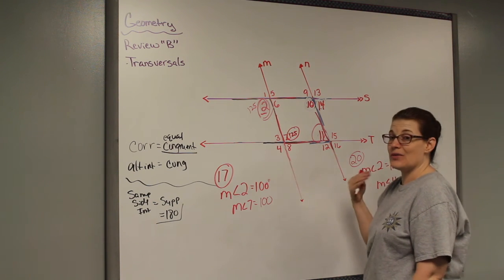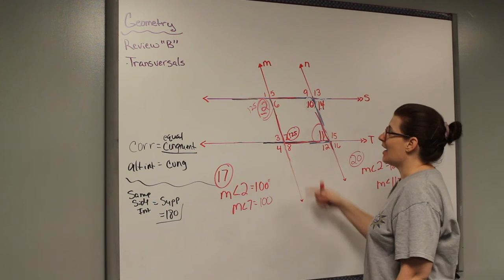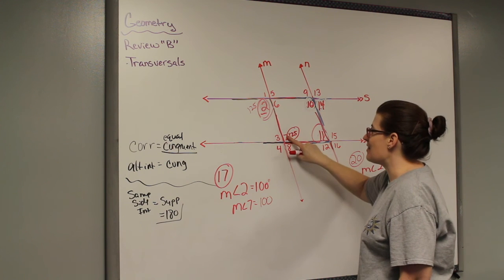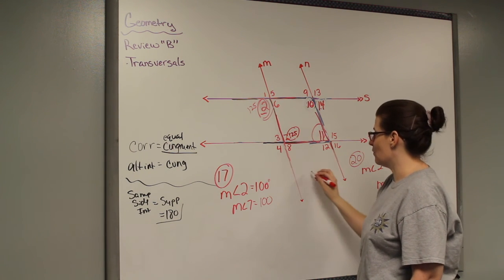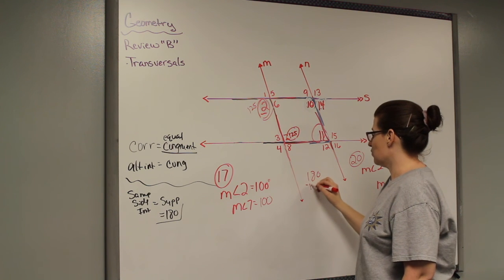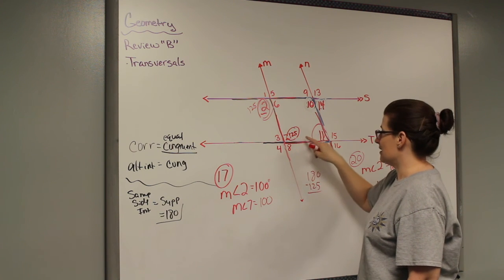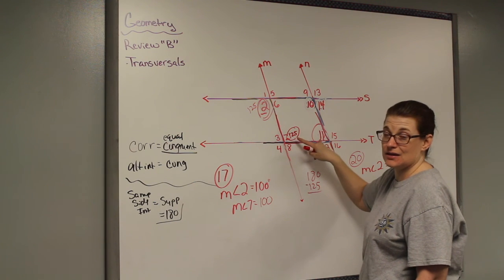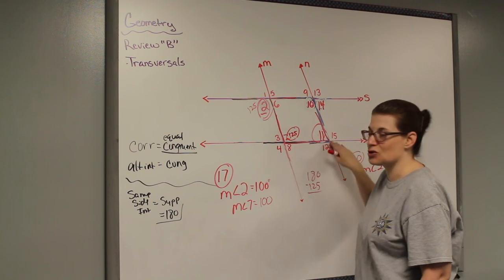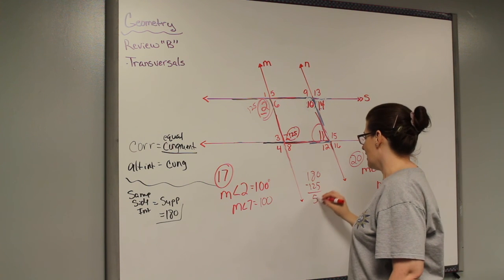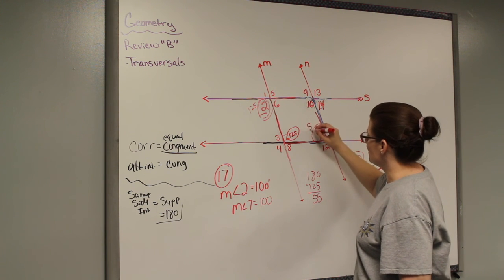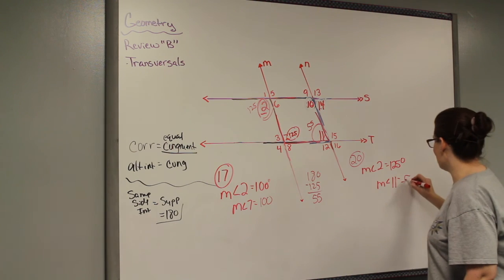So even though they didn't give me the information, I could use this to fill in this one, which would then lead me to fill in this one, because this would be 180 minus 125, because that's what these two have to add. And if you think about that, this is a straight line, and straight lines are 180, so that makes sense. So this has to be 55. So 11 would be 55 degrees.